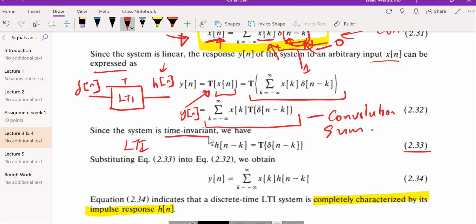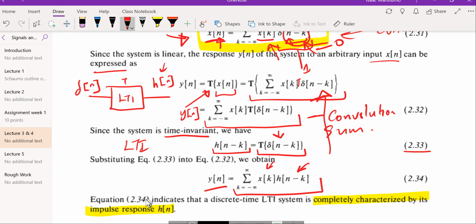Since it is time invariant, we can express the impulse response as the response of the system to the unit impulse signal. We can then replace T here, and what you end up with is that y of n becomes a convolution of the impulse response h of n and the arbitrary input x of k.